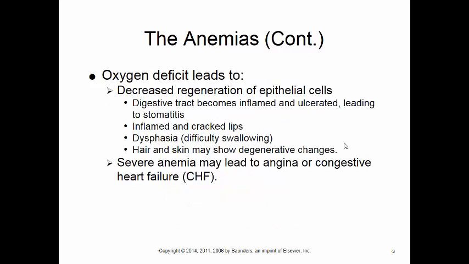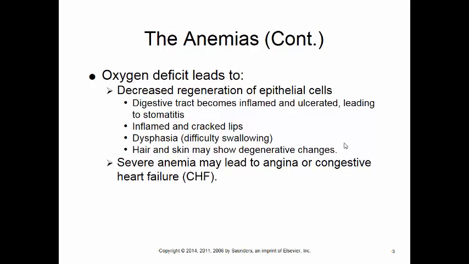The oxygen deficiency also leads to decreased regeneration of epithelial cells. Epithelial cells divide pretty rapidly, and they help protect us and line and cover the cavities and the tubes in our body. So we can see the digestive tract become inflamed and ulcerated, and that can lead to inflammation of the mouth, stomatitis.